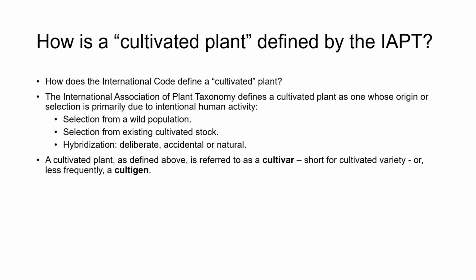Or it could result from hybridization, either deliberate, accidental, or natural. A cultivated plant, as defined above, is referred to as a cultivar, which is short for cultivated variety. In some cases, it may also be referred to as a cultigen or a cultivar group, but we're not going to cover those terms here, although you should be aware of the terms in case you ever come across them in a book or an article.